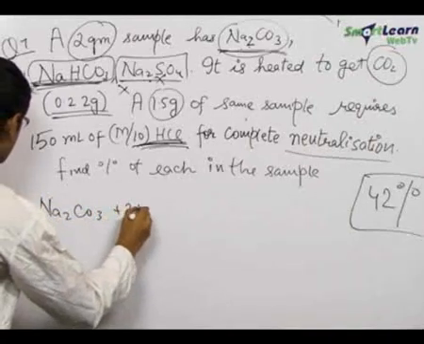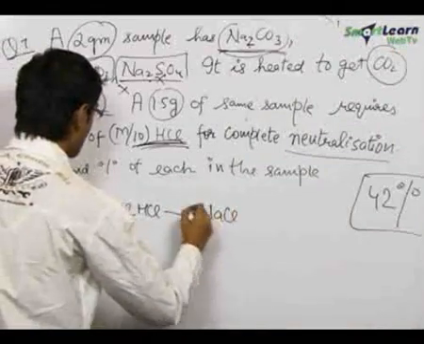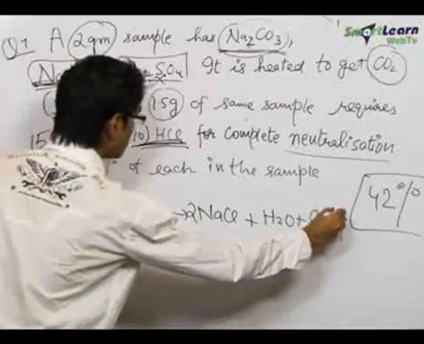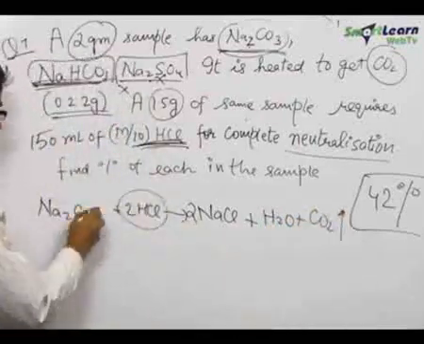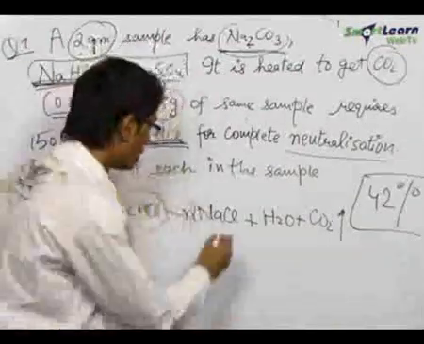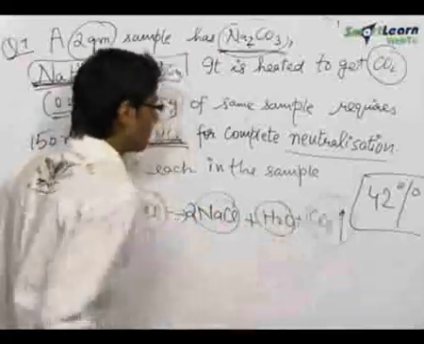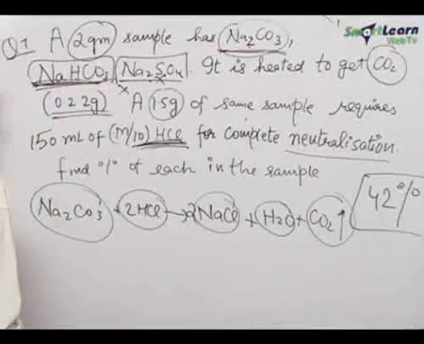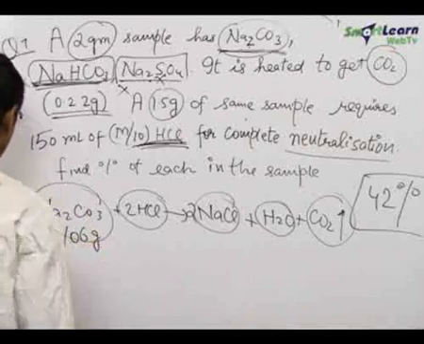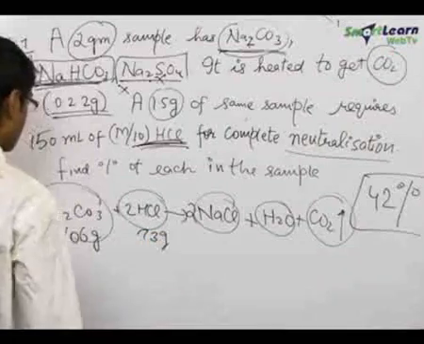Na2CO3 plus 2HCl gives 2NaCl plus H2O plus CO2. We know that when an acid and a base react in a neutralization reaction, salt is formed, water is formed and CO2 is liberated. Hence this is 106 grams, this is 2 into 36.5 which is 73 grams.